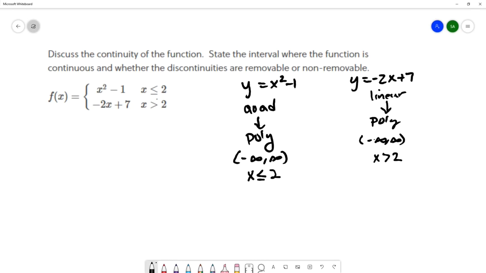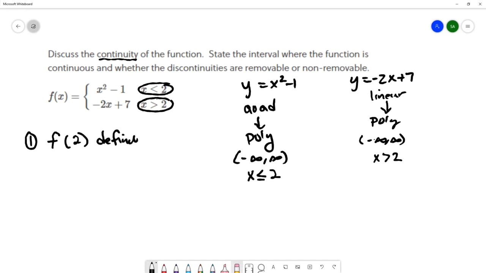And we are going to join these equations together at x equals 2. So we really want to test the continuity at that particular spot. So we have three criteria for a function to be continuous at a point. First, you need f of that value to be defined.